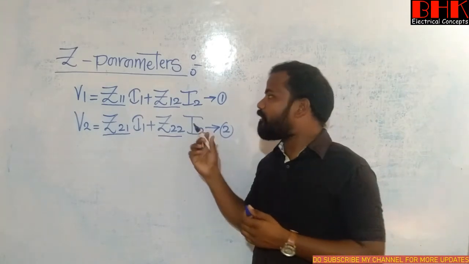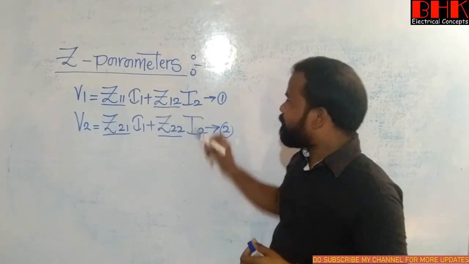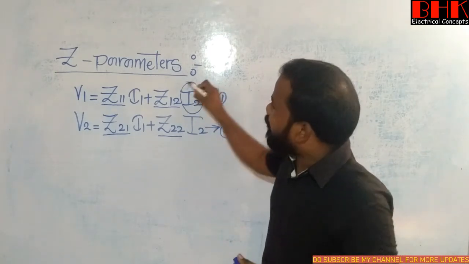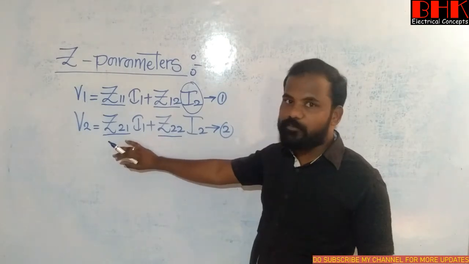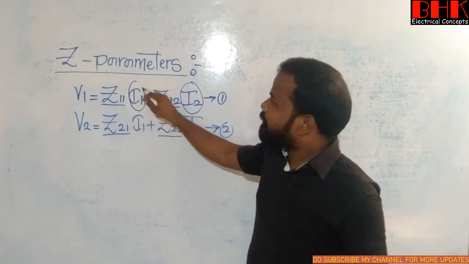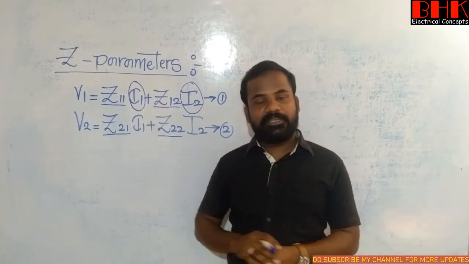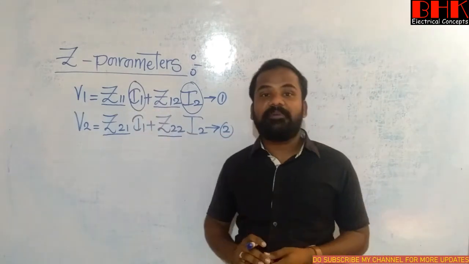Clear? So how is it possible to get the unknown impedance parameters Z11, Z12, Z21, Z22? How are we going to get all these four impedance parameters from the two-port network? By making I2 equal to 0, we get two parameters, and in the same way making I1 equal to 0 in the network, we again get two other impedance parameters.